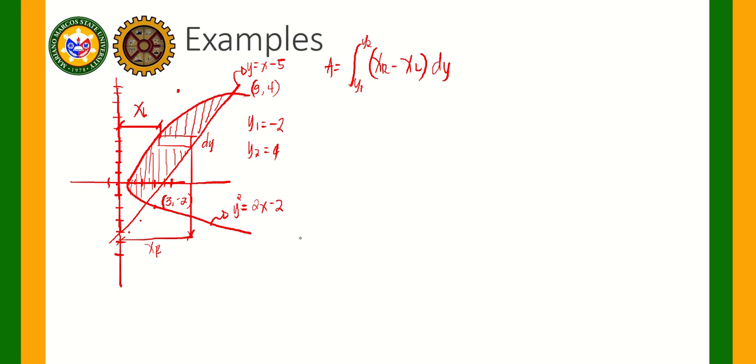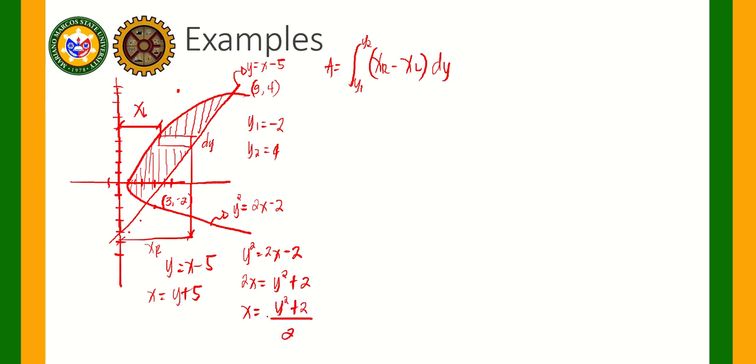Okay. So, yung ilalagay natin dito sa function natin must be a function of y for us to perform integration. So, for this one, si y equal to x minus 5 natin, we can manipulate this into x is equal to y plus 5. So, ito yung gagamitin natin na function for our x sub r. For our x sub L naman, si y squared equal to 2x minus 2, we can have 2x equal to y squared plus 2, and divide both sides by 2, we can have x is equal to y squared plus 2 all over 2.